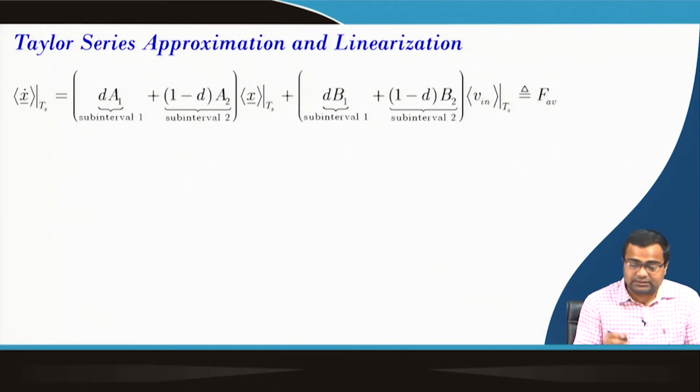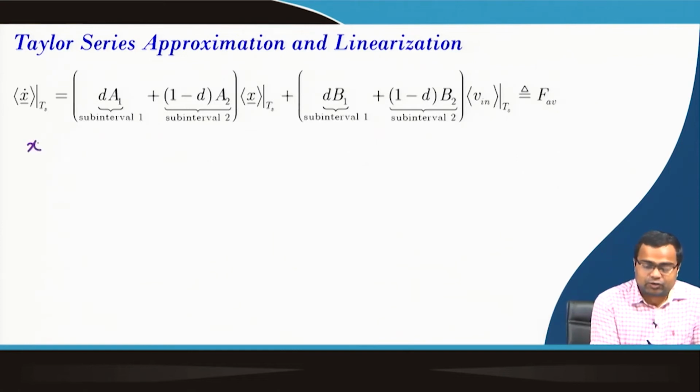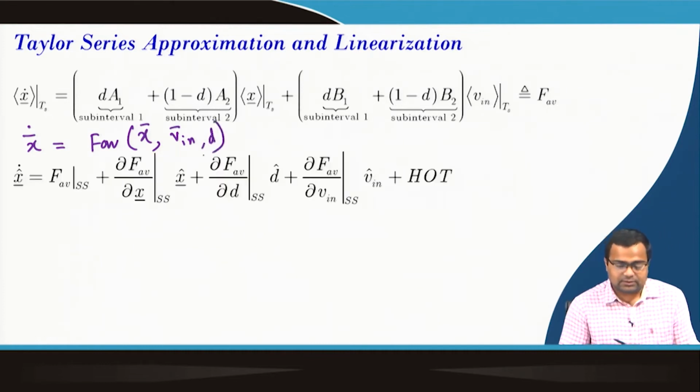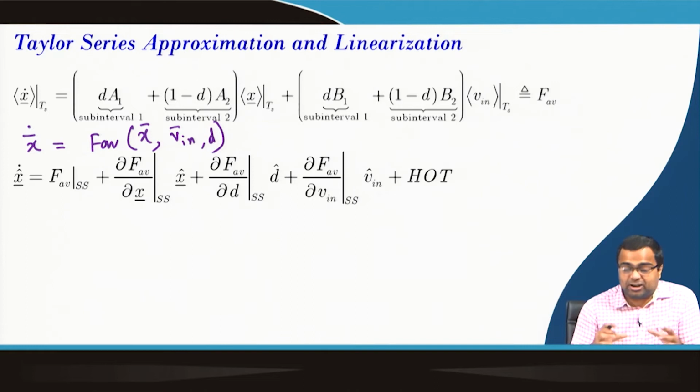This is the original model, and we wrote that x dot is nothing but F average, which is a function of x dash, V in dash, comma d. Then we have to obtain the perturbed model, which is done by applying the Jacobian.